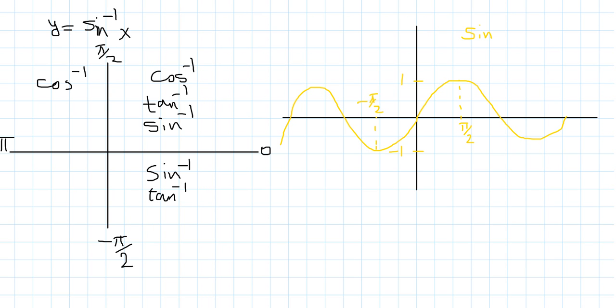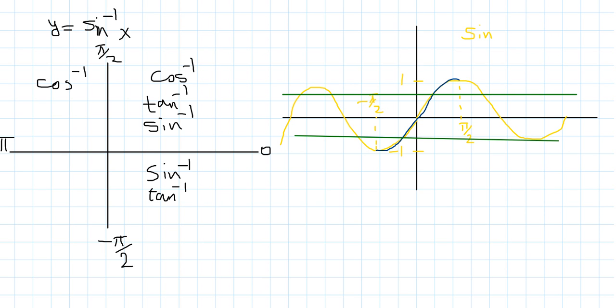We want to draw the graph of sine inverse in this part. In this part, if we draw every horizontal line, it will cut the graph in one point only. Look at me. When we restricted the graph, now it is a function.